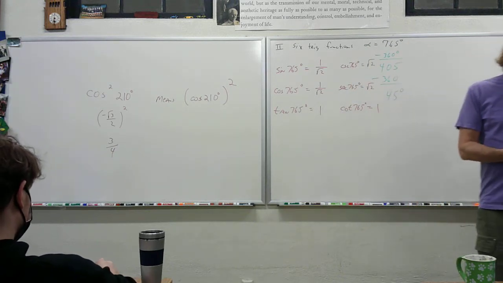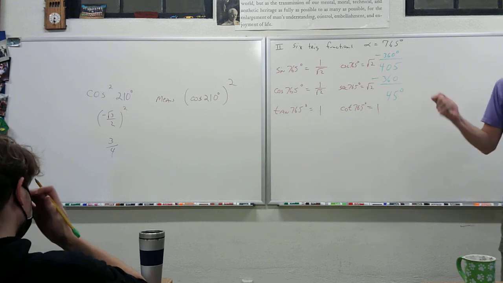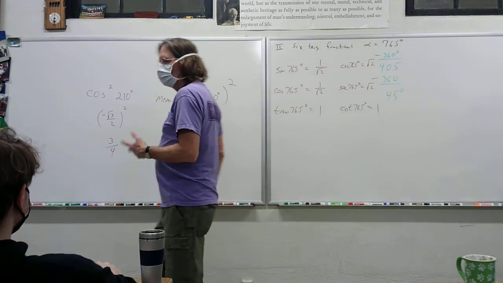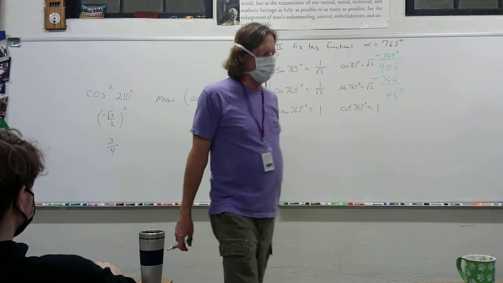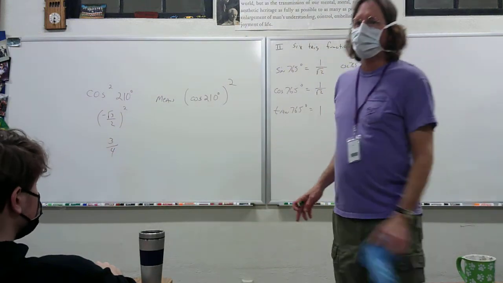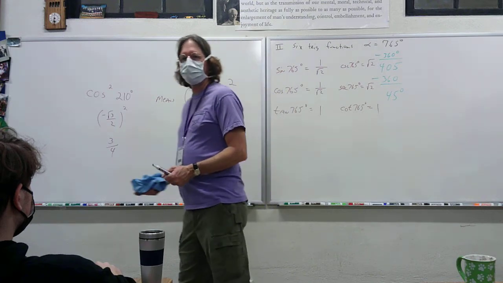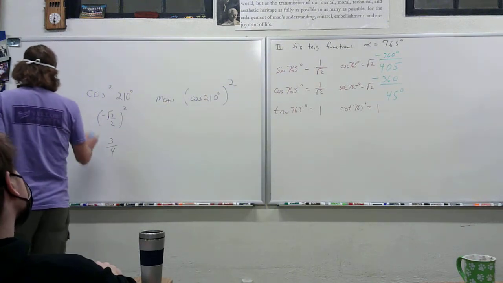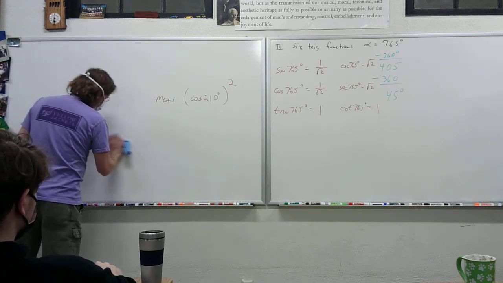Now, the next section, when you look at your assignment, you're going to find out I assign odds all the time. There's one section where I assign every problem. Matter of fact, if they'd have had 50 of these, I would have assigned every one of them.